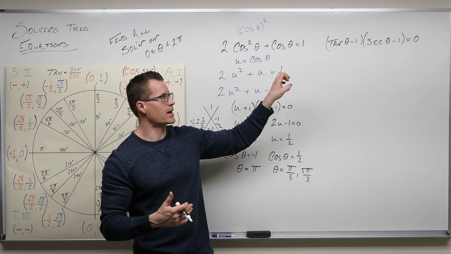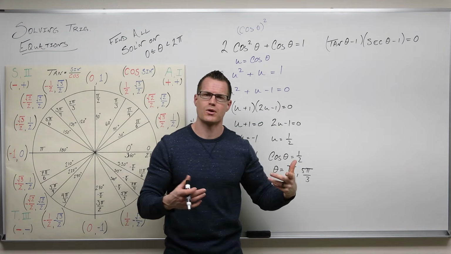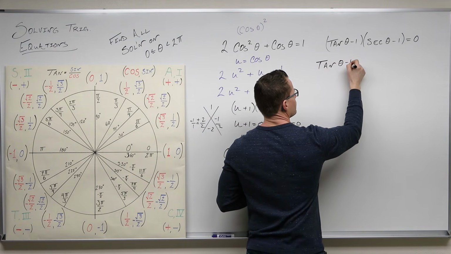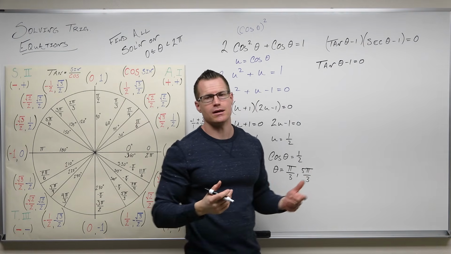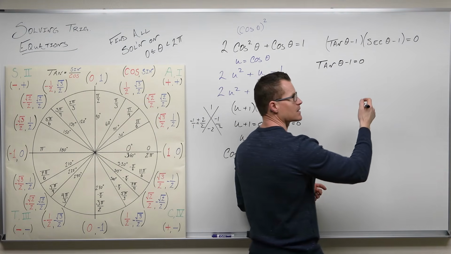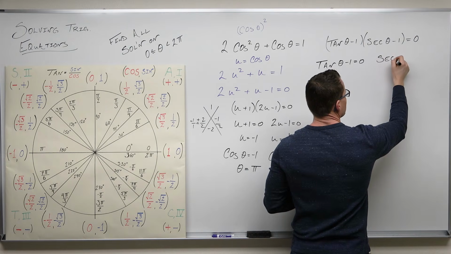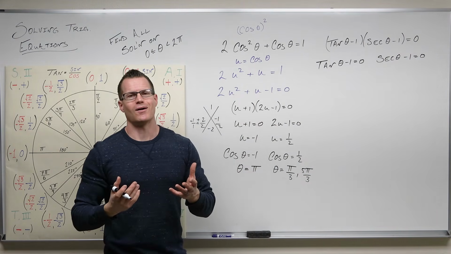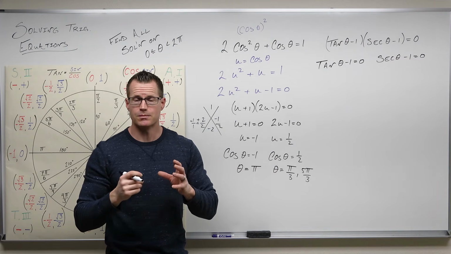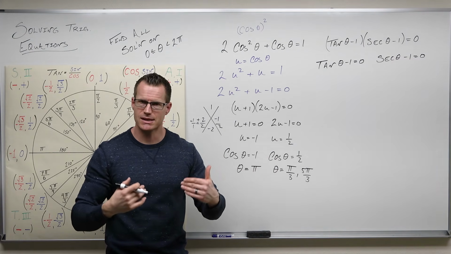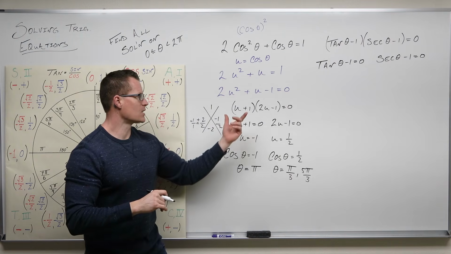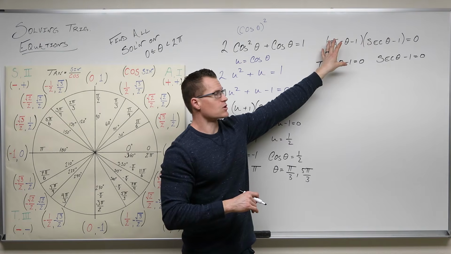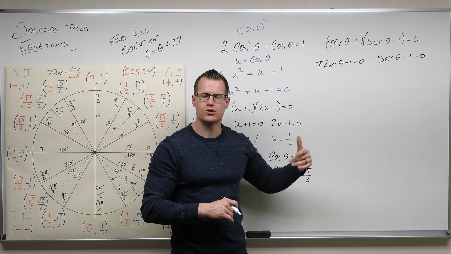So tan theta minus 1 equals 0 by the zero product property. And secant theta minus 1 equals 0, again by the same property. And now that we've done that, these are some basic trig functions. You can actually isolate that trig function. Just like here where factoring lets you isolate the variable easily, using the zero product property lets you isolate the trig function easily.